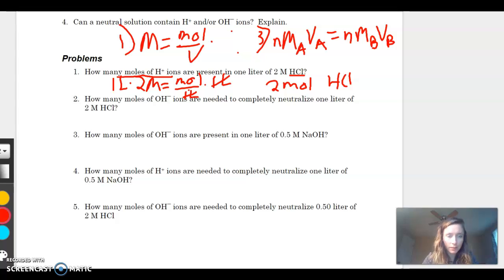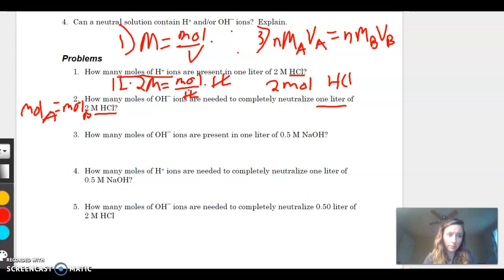The whole fundamental idea for number 2 is that for neutralization, your moles of acid need to equal your moles of base. So if you figure out the moles of acid that you have with your 2 molar hydrochloric acid, your 1 liter of it, then you need to just have the same moles of base.